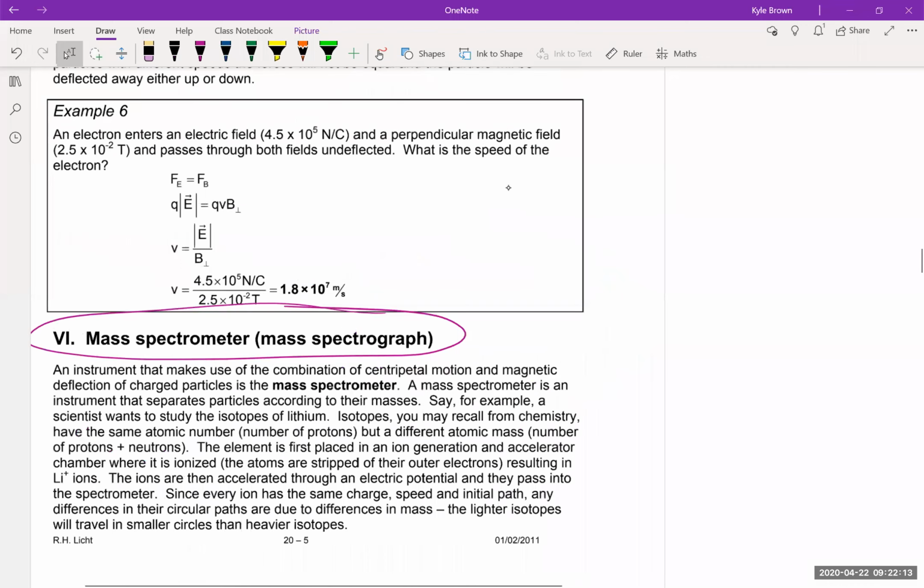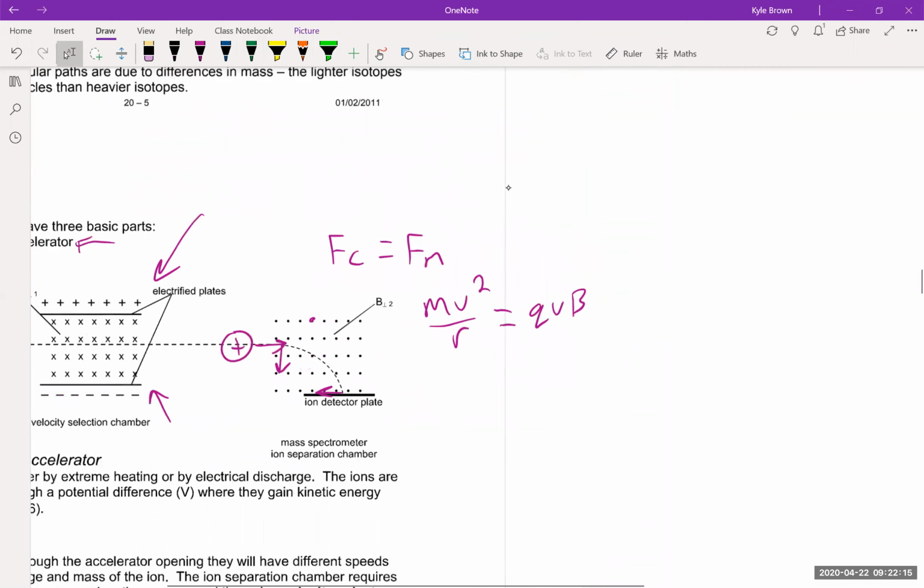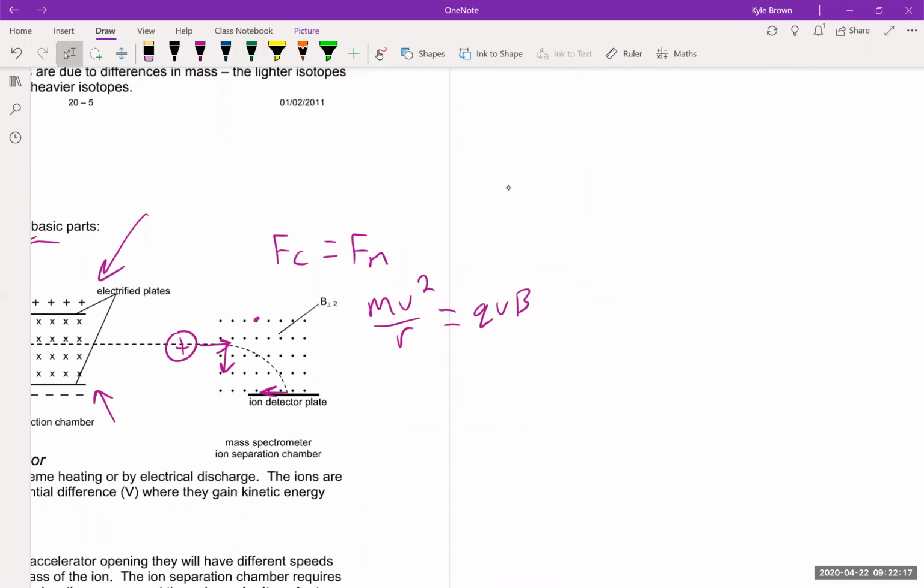Okay, so why this is important is because, if I want to figure out the mass of this guy, I could rearrange this really quickly and say the mass is equal to QVB over R, and then over V squared, I guess. And then that would cancel with one of those. So we get the mass is equal to QVB over R times V.